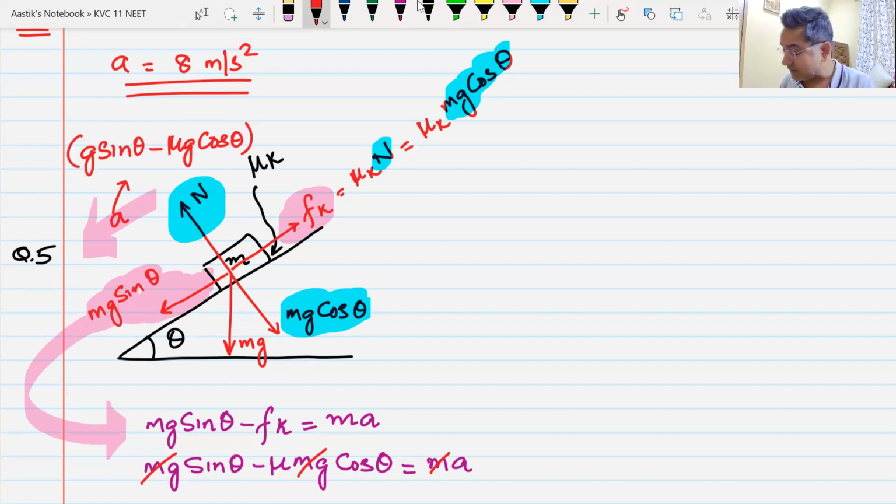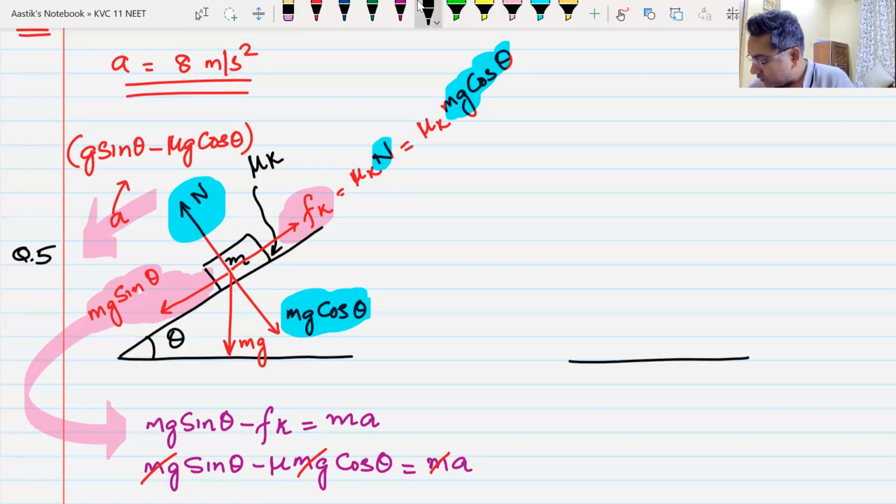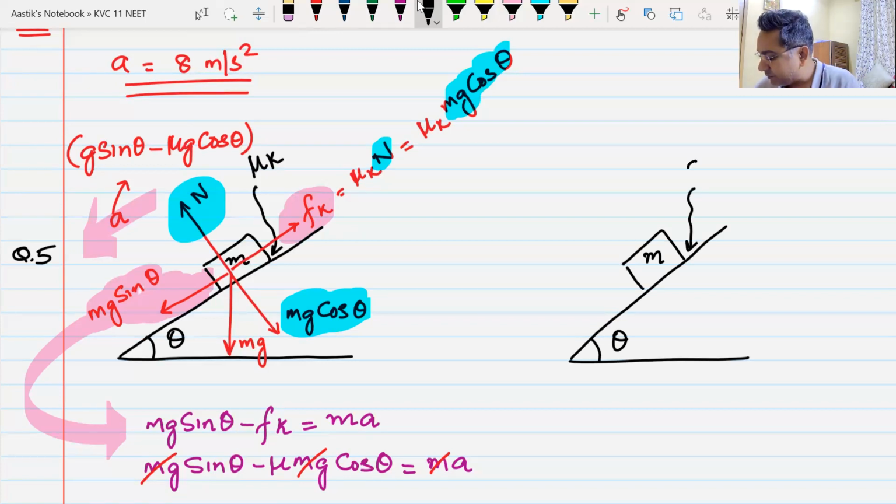When the surface is rough, the acceleration is g sine theta minus mu g cos theta. If I compare it with the previous diagram, when the block was kept on a smooth inclined plane, and I keep repeating this because this question has come many times.